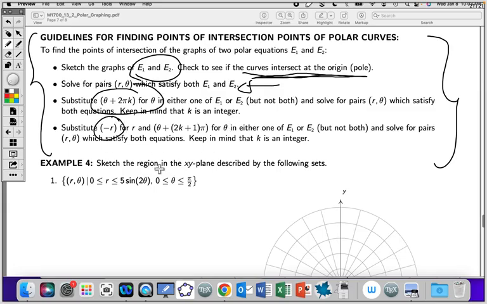Or flip the r in one and offset the theta by odd multiples of pi, and then set those expressions equal to each other. All right. So this is a lot of writing for what we actually saw happen in those examples. But this way you'll be guaranteed that you capture all of them.